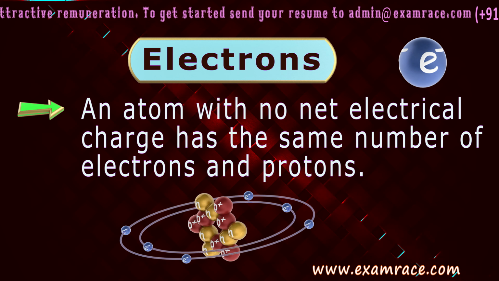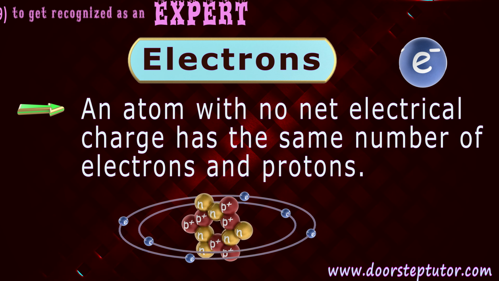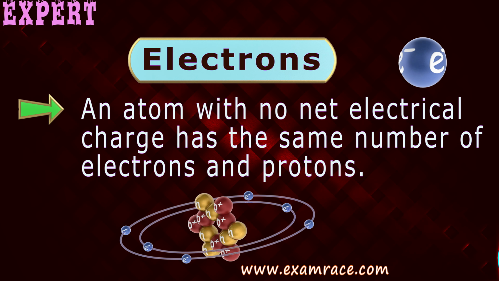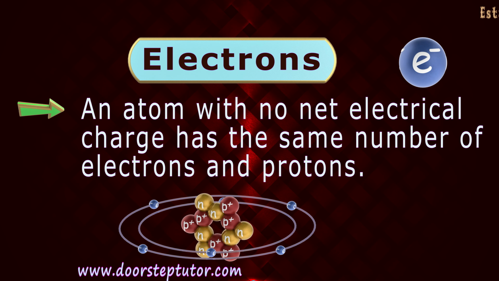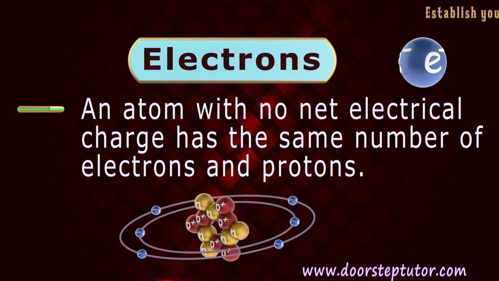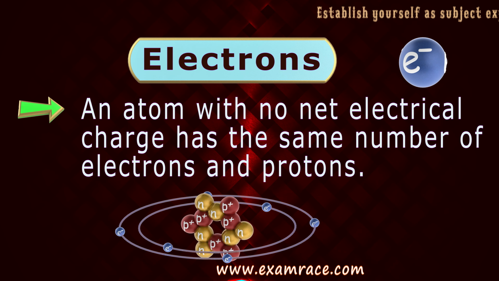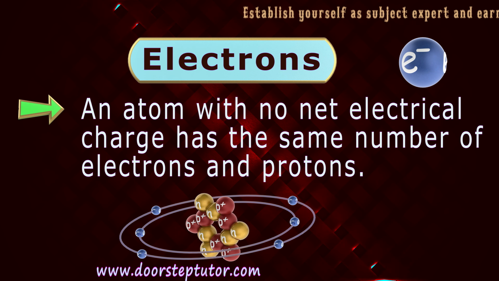Now in this picture you can also see some circles. These circles are the energy levels and they are also called shells. These shells contain some orbitals within which we can find the electrons.